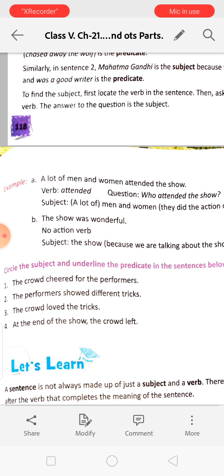So left is the main verb, as in they are leaving. Who left? The crowd. So the crowd will be the subject, not at the end of the show. So at first locate the verb, then ask a question. The answer will be the subject and the rest the predicate.